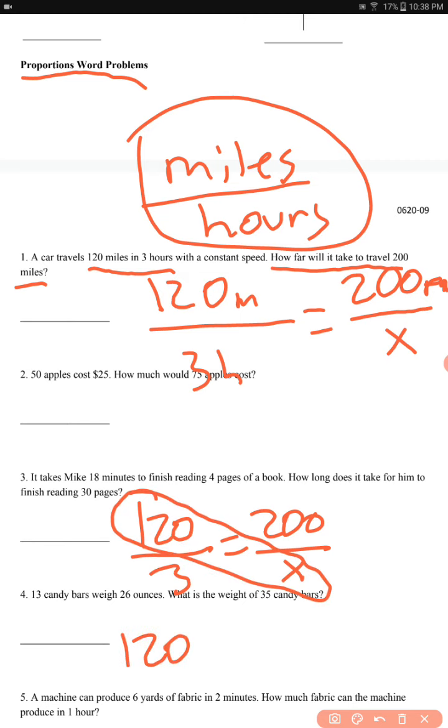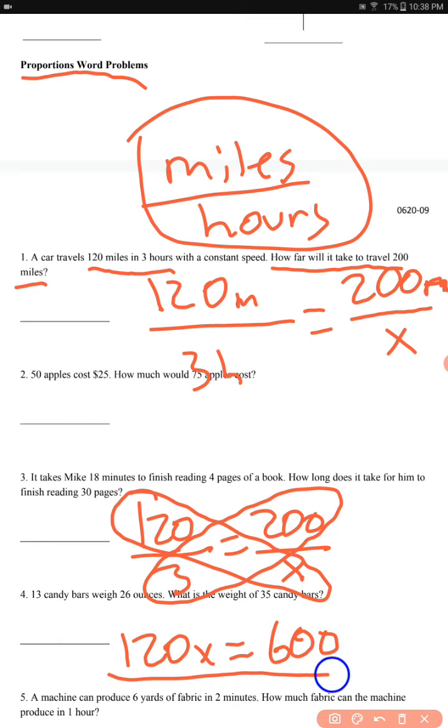So 120x equals, cross multiply like that, 3 times 200 is 600. So this will be our equation, and divide by 120 on both sides to get x by itself.